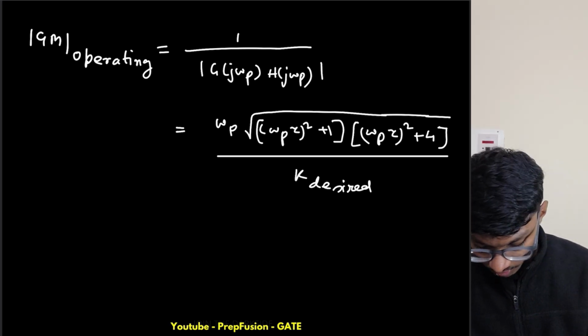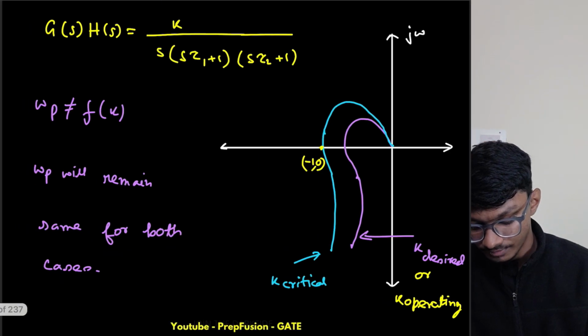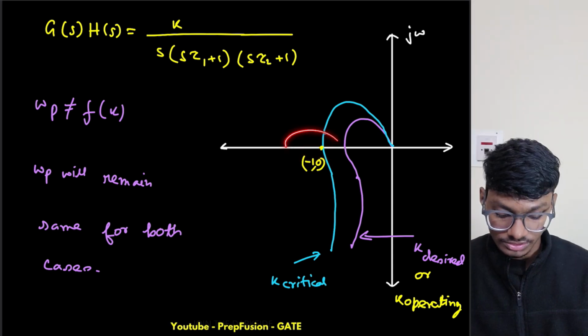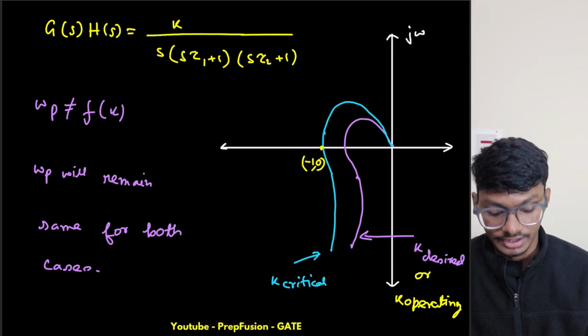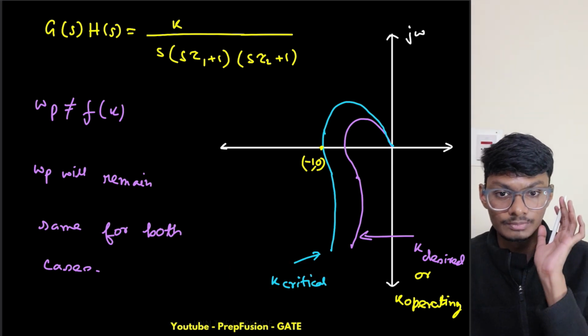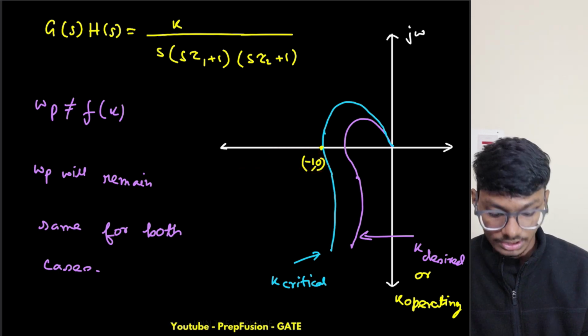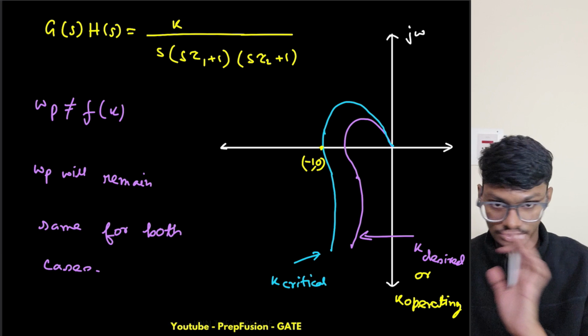Now what about my GM critical? I know the GM critical value: it is equal to 1. Why? Because here it is crossing the minus 1 point, the critical point, when it crosses the negative real axis. That is why it is known as k critical. The definition of k critical itself means that GM should be 1. Just keep this in your head.